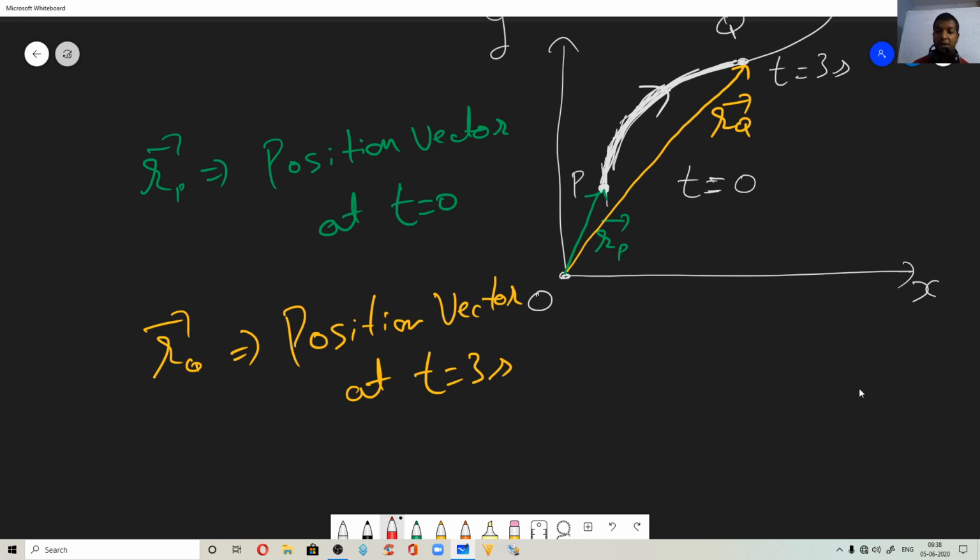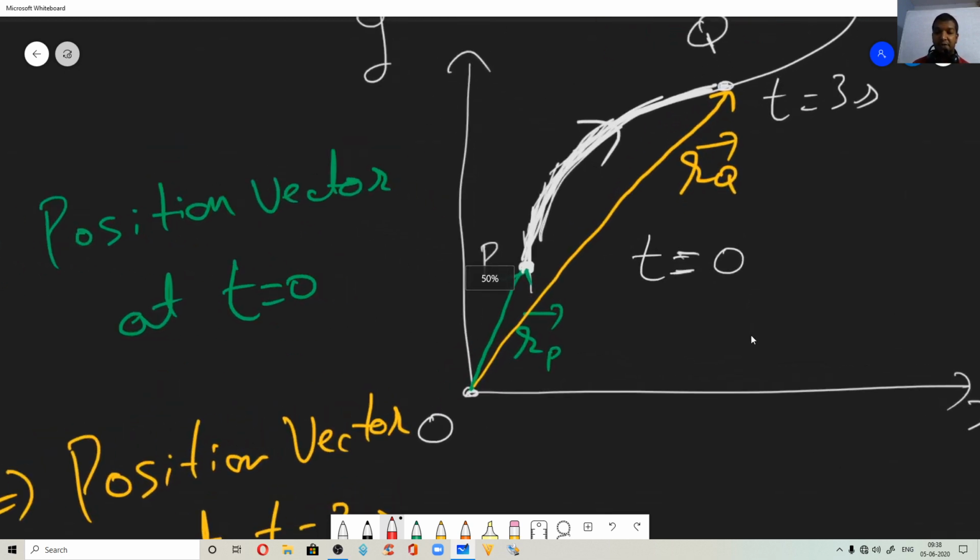Now we will draw a displacement vector from P to Q. This is how we draw it. So this is the displacement vector PQ. You can call it D, no problem.